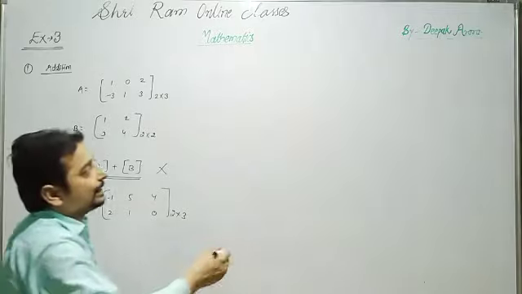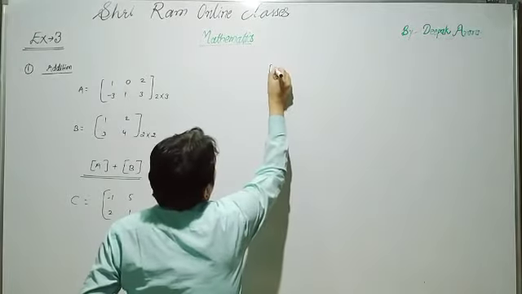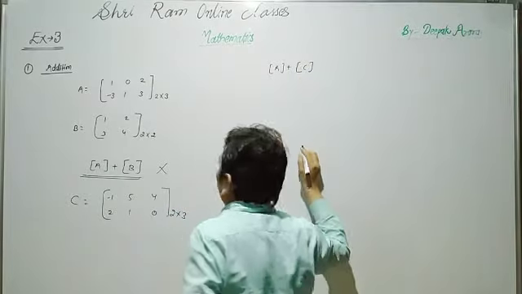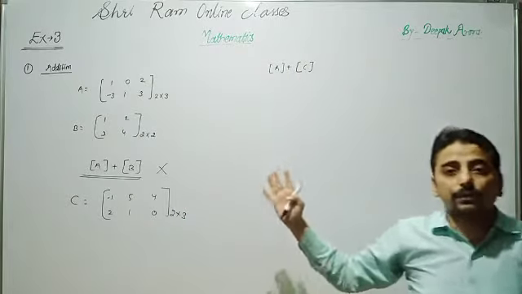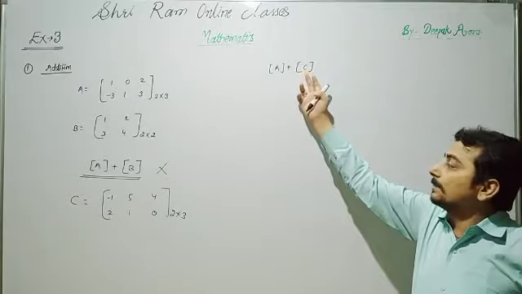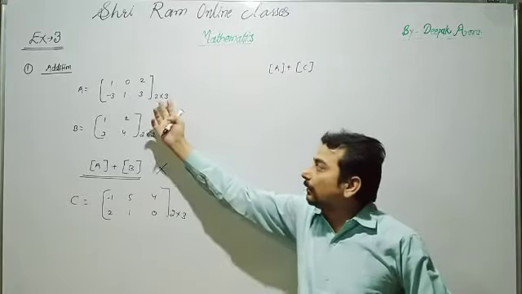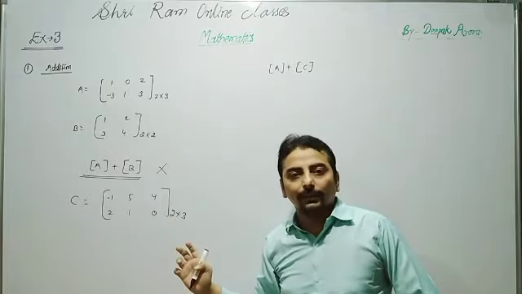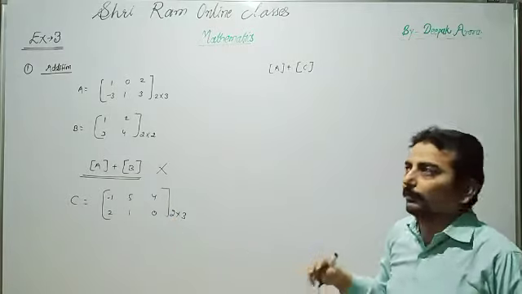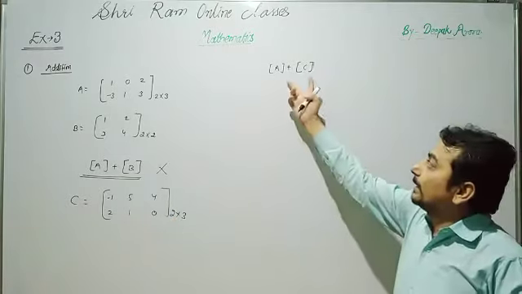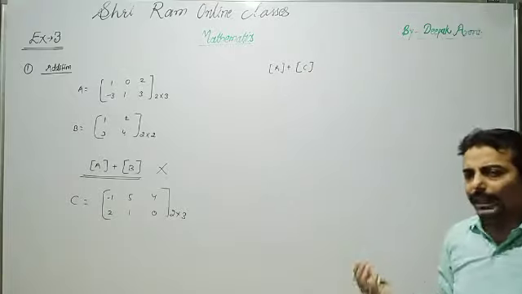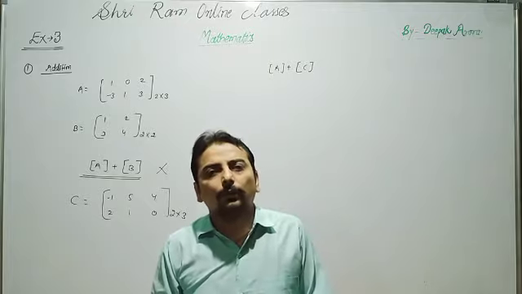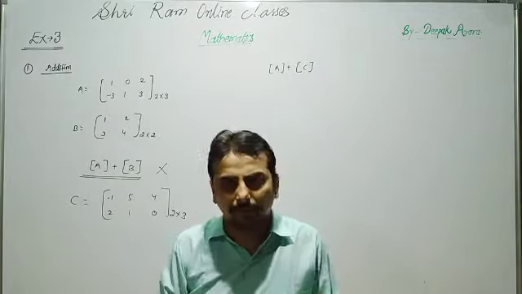Now, is matrix A plus matrix C possible? Yes, sure, it is possible, because A matrix has the order 2 cross 3 and C matrix has the order 2 cross 3, the same order, so addition of the matrices is possible. So we can say that since A and C have the same order, we can add these two matrices.